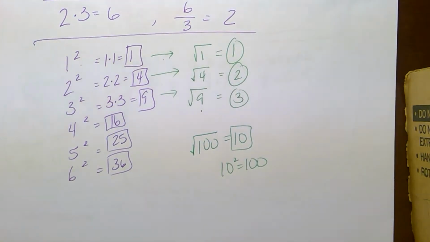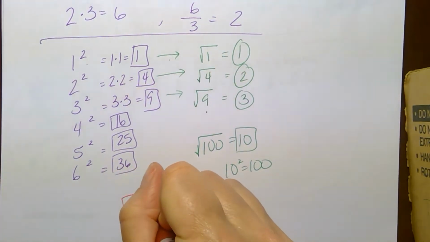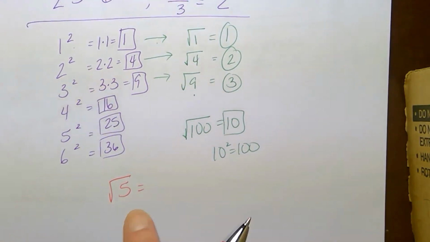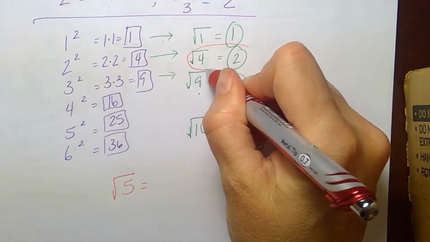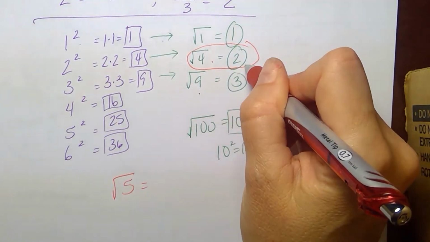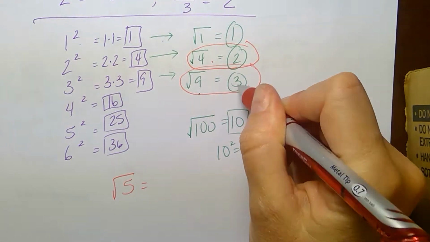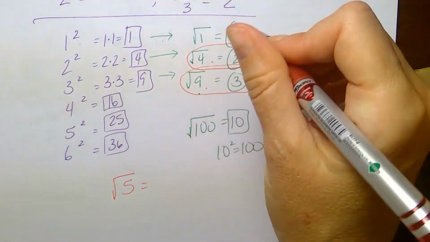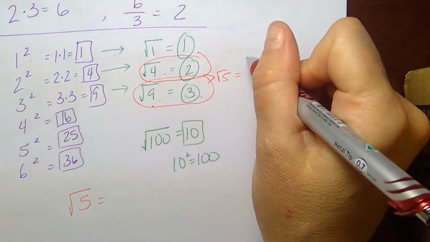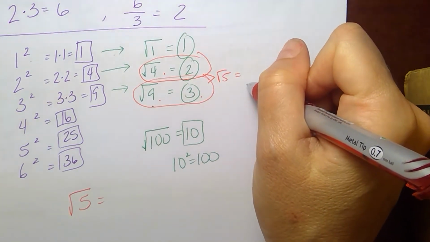What if I don't start with a perfect square number, though? What if I ask you for the square root of 5? Well, what number times itself gives me 5? I know that the square root of 4 is 2, and 4 is just less than 5. And I know the square root of 9 is 3, and 9 is more than 5. So that means that the square root of 5 has to be somewhere between 2 and 3.